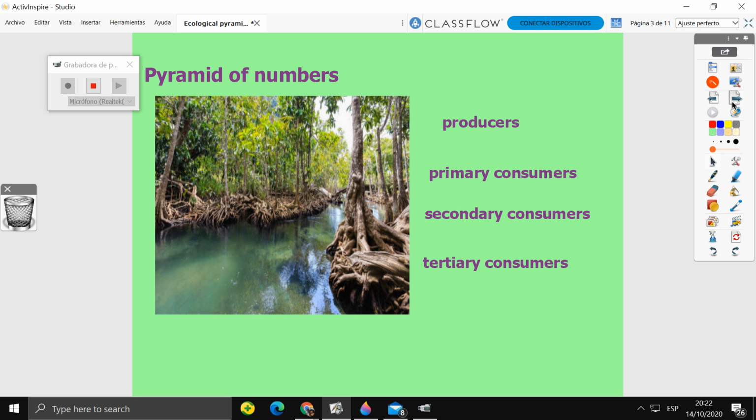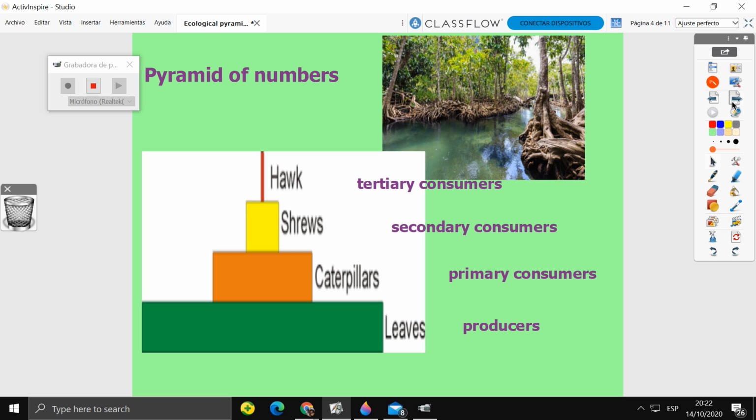We classify them according to what they eat in the known trophic levels. Then we can count all the organisms in each trophic level in our chosen ecosystem, and with all that information we can represent a diagram that is known as a pyramid of numbers.